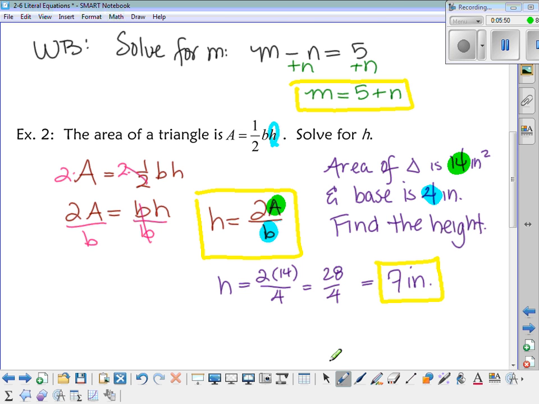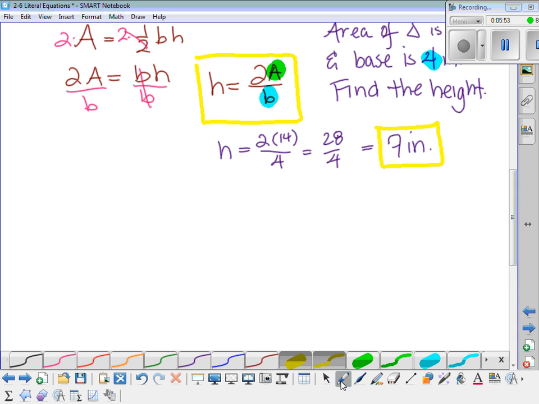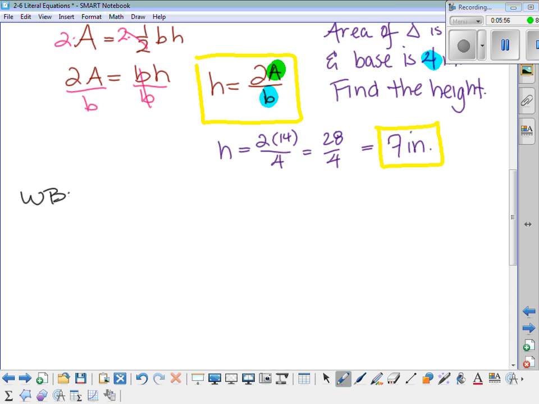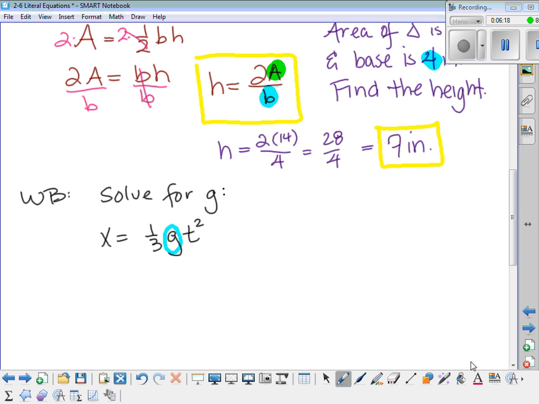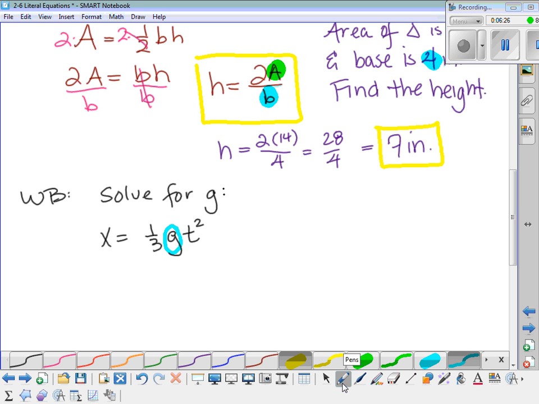Now we have a problem for your whiteboards. We are going to solve for G, and the formula is x equals 1/3 GT squared. We want to get G by itself, so go ahead and do that on your own. If you're at home, pause the video now. Again, if we want to get rid of a fraction that's being multiplied, we can multiply both sides by its reciprocal.